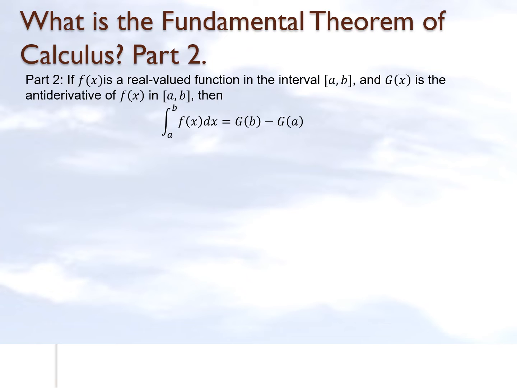There's a second part to this fundamental theorem of calculus. Some people call it the second theorem, but there's only one fundamental theorem of calculus. It's just a way to look at it as part 1 and part 2. Now here we have a function which is real valued. We don't even have to assume it's continuous. That is sometimes the beauty of this particular part of the fundamental theorem of calculus. If it's real valued in the interval a comma b, and g of x is the antiderivative, that means g prime of x is simply f of x.